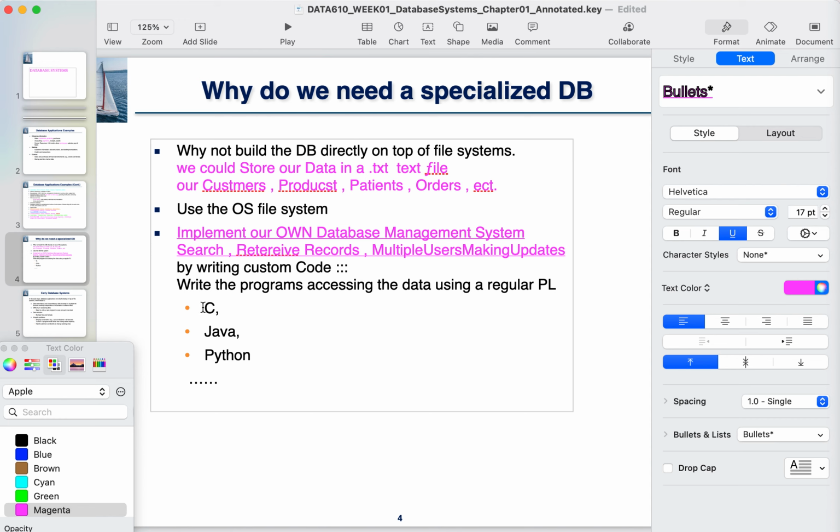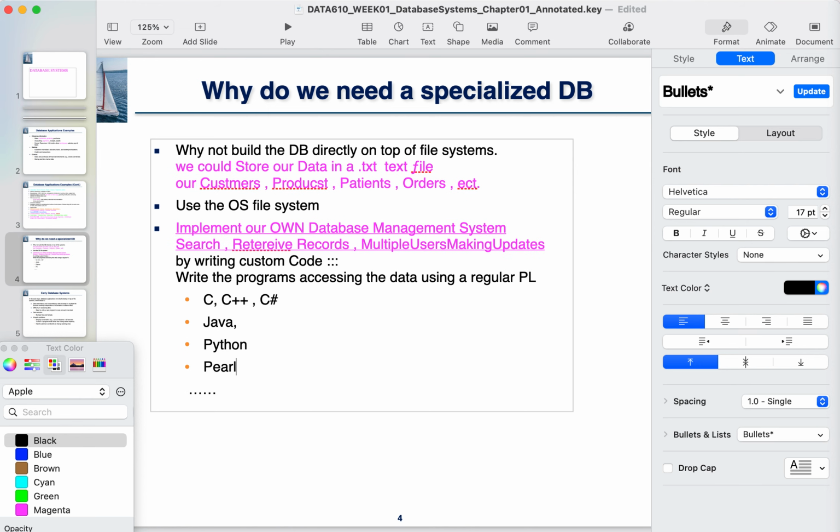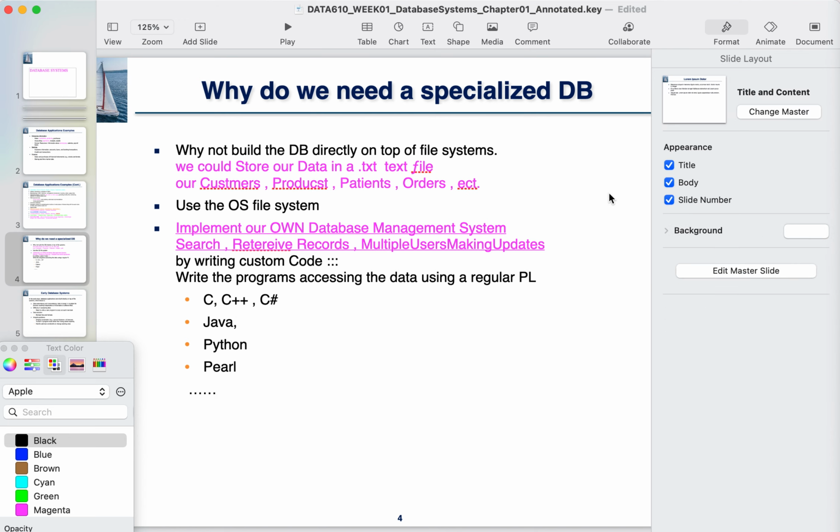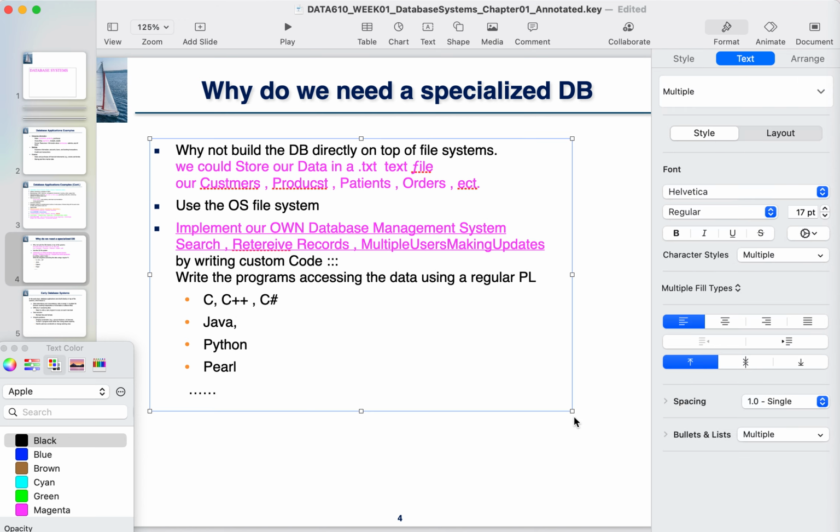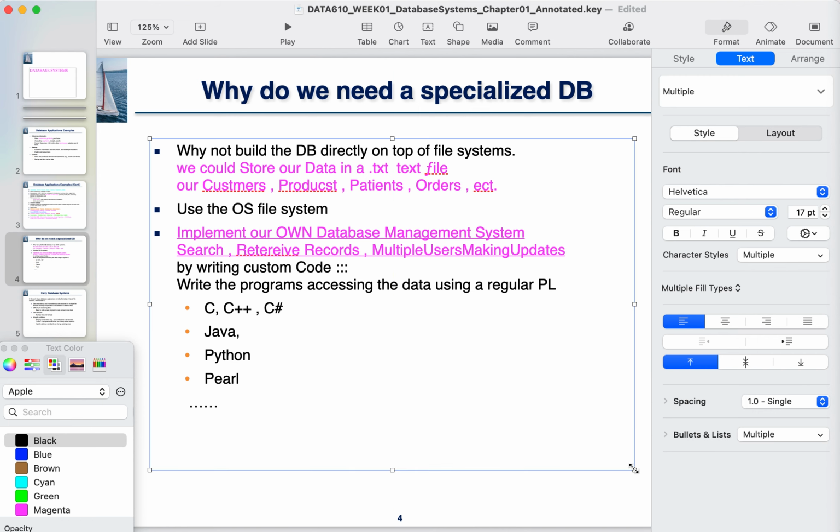We could totally do this by using some programming language like C, C++, C#, Java, Python, Perl, something else, if we want to. Now, but why do we need to do this? Because the database management systems already exist. We don't really need to do this.